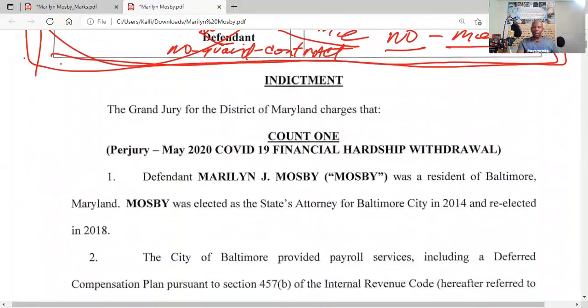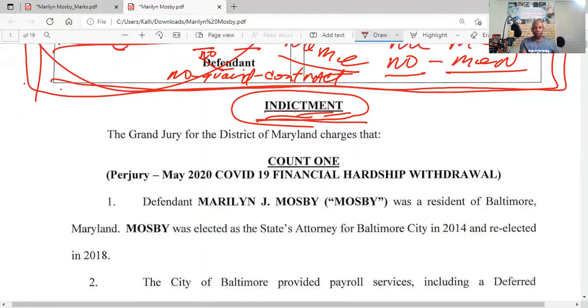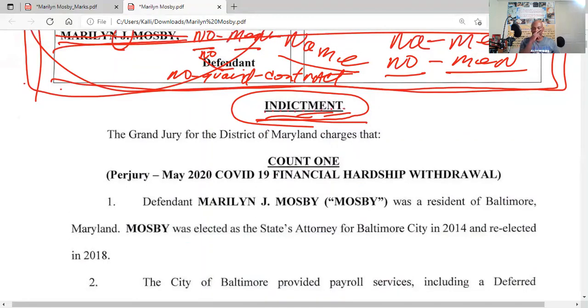So let's go down. This word, well, I'm sorry, this formulation of letters, this is not the word indictment. This is 1, 2, 3, 4, 5, 6, 7, 8, 9, 10.